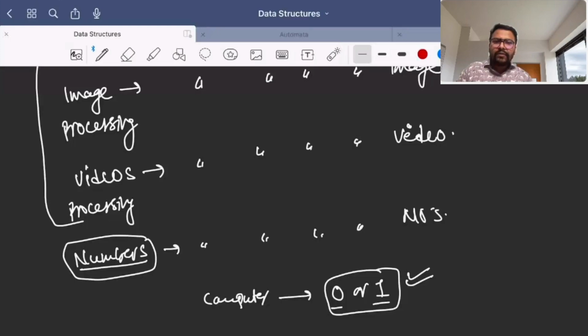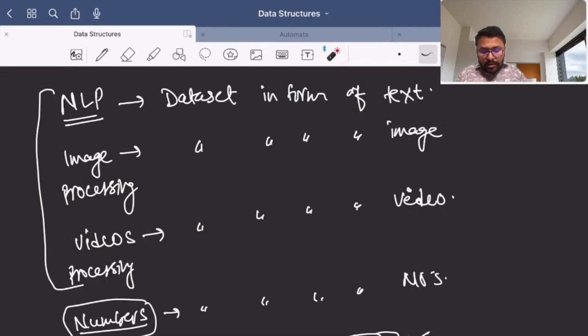But what we have is, let's say, text data. Then we cannot apply machine learning models directly. What we have to do is first convert our text data into numbers, and then we can apply machine learning models. So NLP is not directly applying machine learning models.